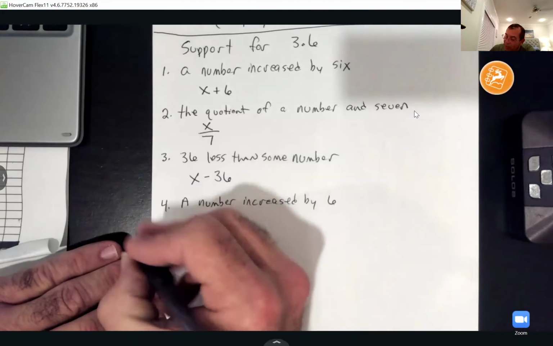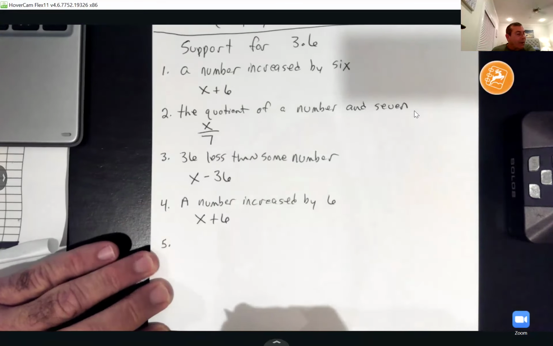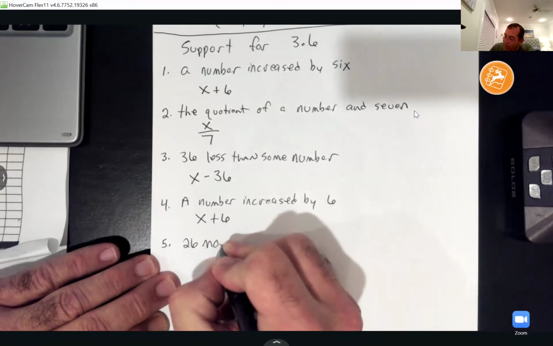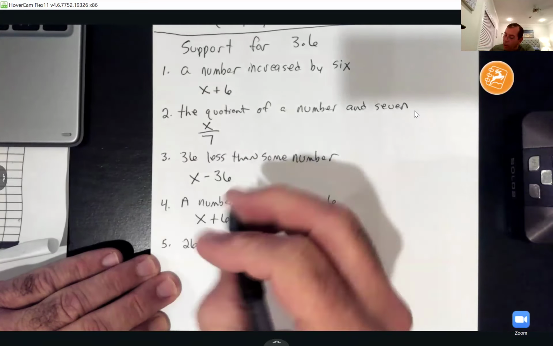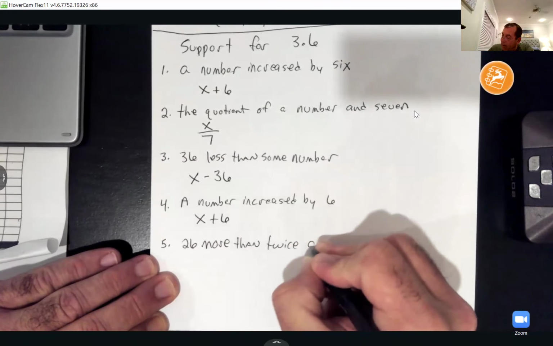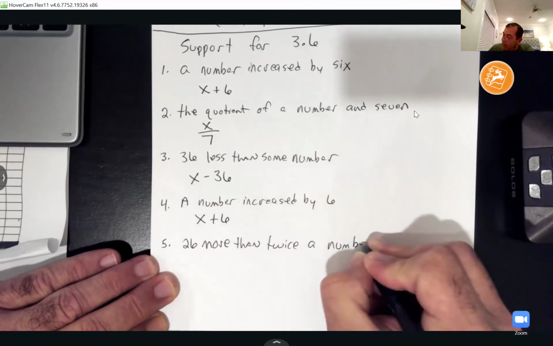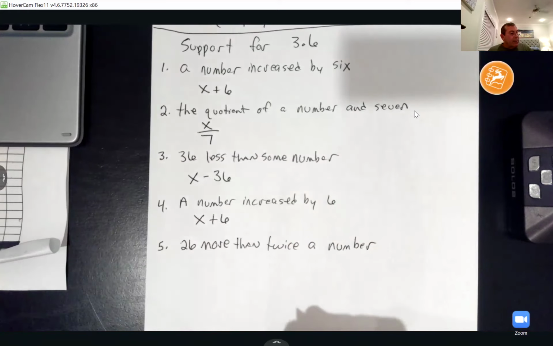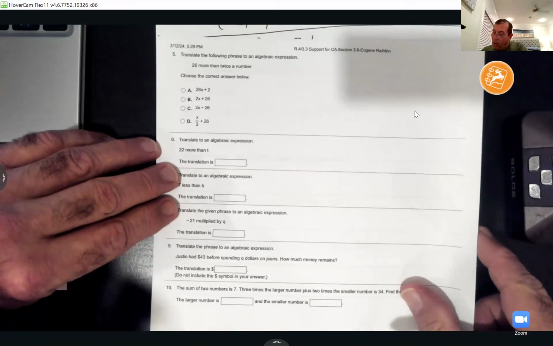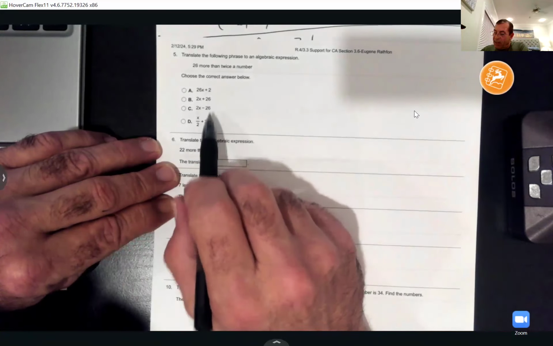All right, y'all, try this one. 26 more than twice the number. Are y'all going with A, B, C, or D?